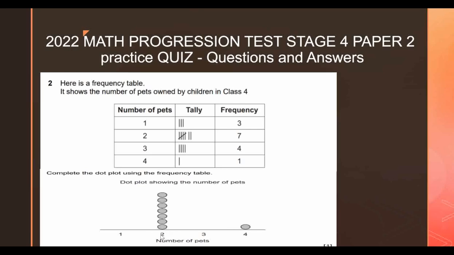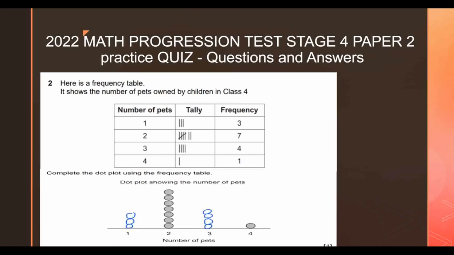Number of pets 2 is 7, so there is 1, 2, 3, 4, 5, 6, 7, and number of pets 4 is 1, so there's only one button. 10 seconds from now. 10, 9, 8, 7, 6, 5, 4, 3, 2, 1, 0.